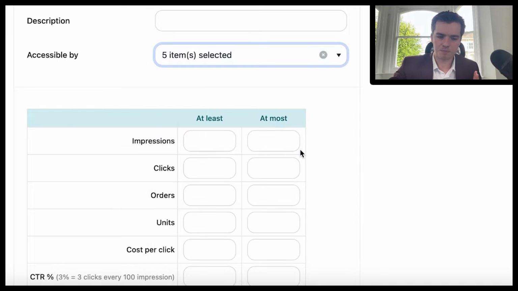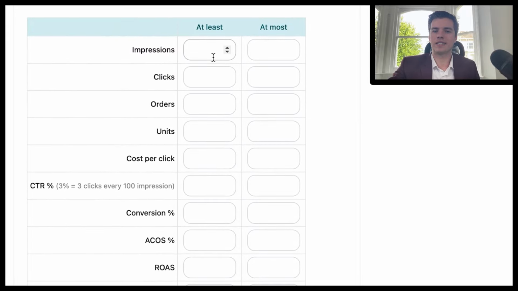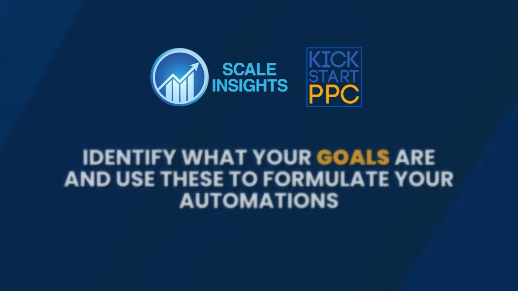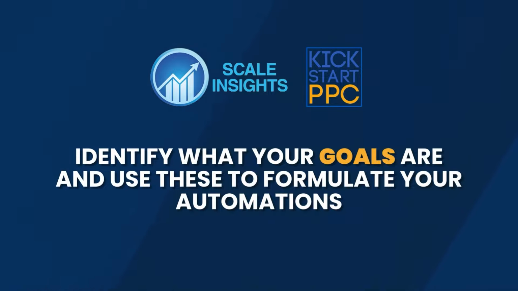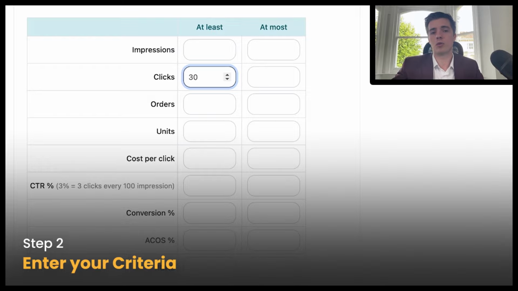That's fine. Now, what you want to look at is what exactly you're going to get out of this. Are you looking at clicks? Are you looking at ACoS, conversion rates, click-through rates? All of these things matter at the end of the day because this is what's going to determine what rules run and when. So, for example, if you have a bidding rule applied, you might want at least 30 clicks before it works.